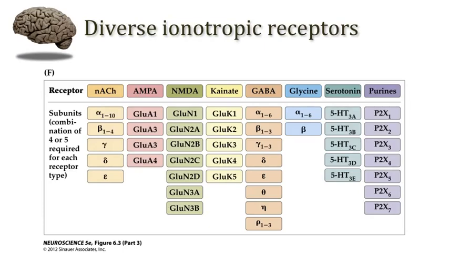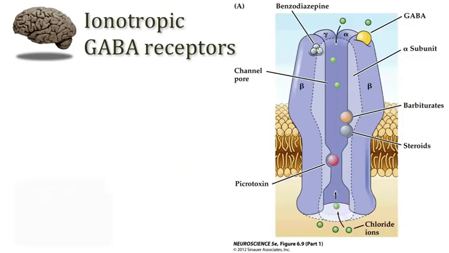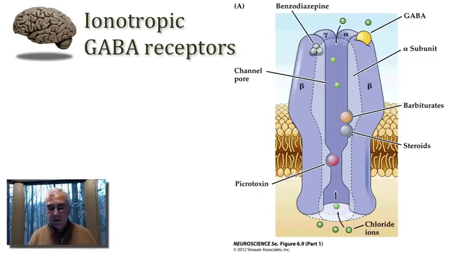Let's look a bit more closely at one important ionotropic receptor, and that is the receptor for the inhibitory neurotransmitter GABA. So what we're looking at here is the typical GABA A receptor channel, and it's comprised of 5 subunits that come together.